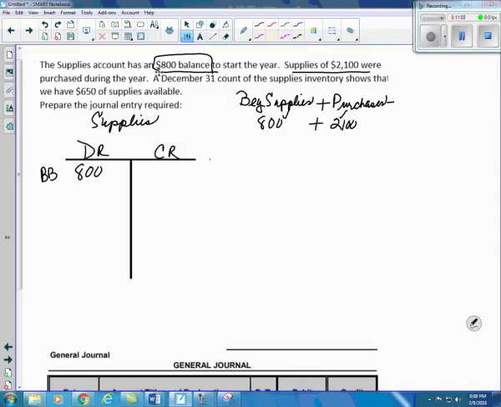If we subtract out what we used, which we don't know in this problem, we don't know how much we've used, that's what they're asking us to find, but if we had a beginning balance and we had purchases and we used some, we should be able to subtract the used and figure out how many do we have left.